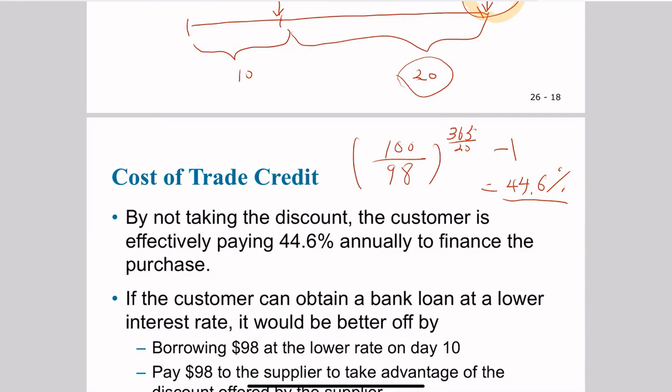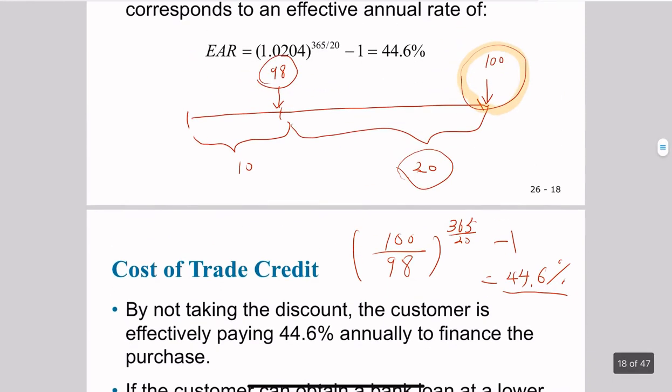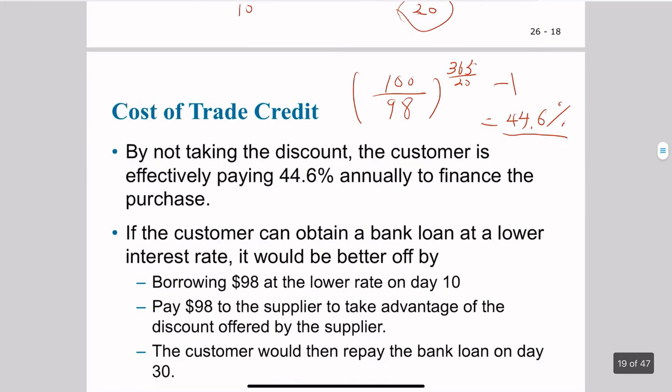In this case, the optimal action of this customer is that the customer should borrow this $98 from the bank, right? And the customer will pay this $98 to the supplier to take advantage of this discount. And then the customer will repay the bank on day 30. Right?